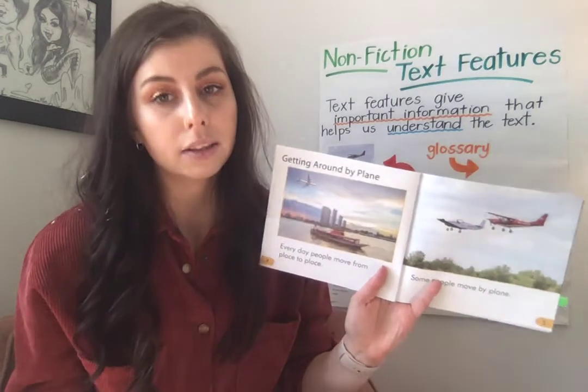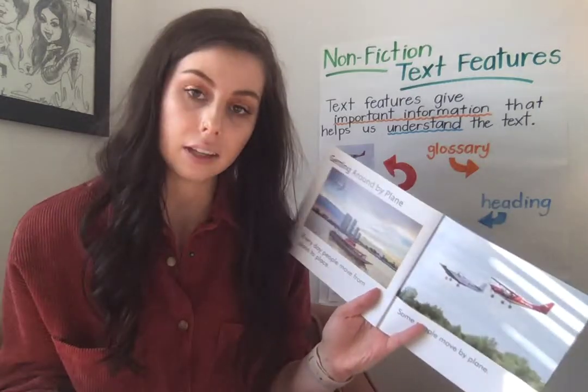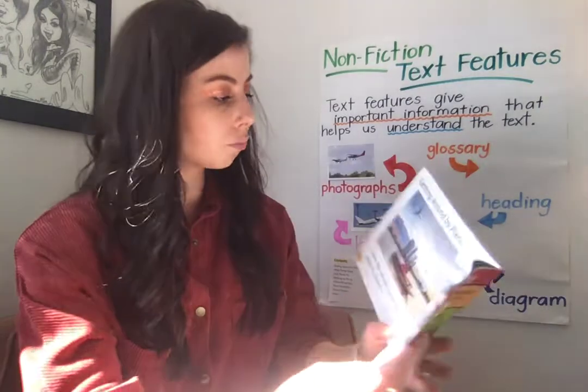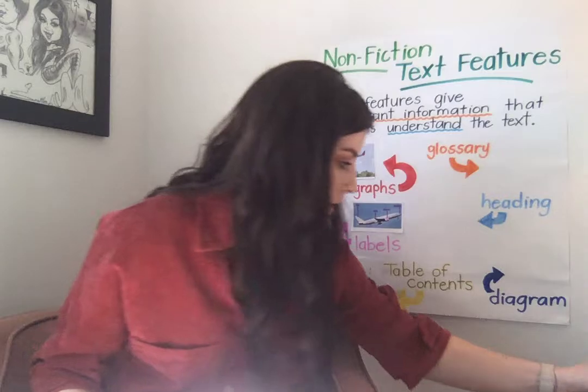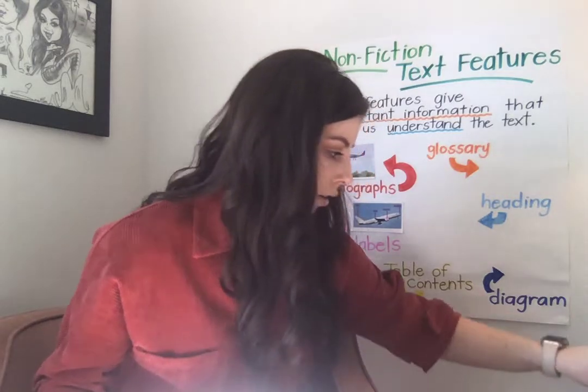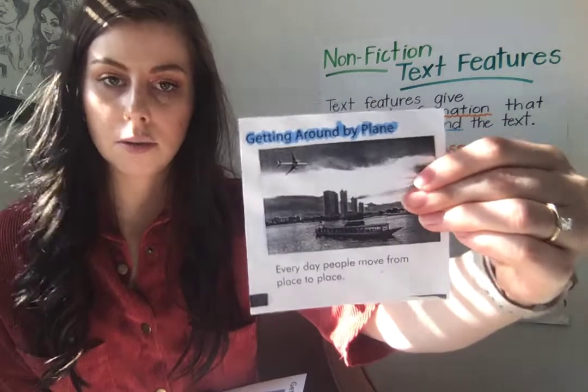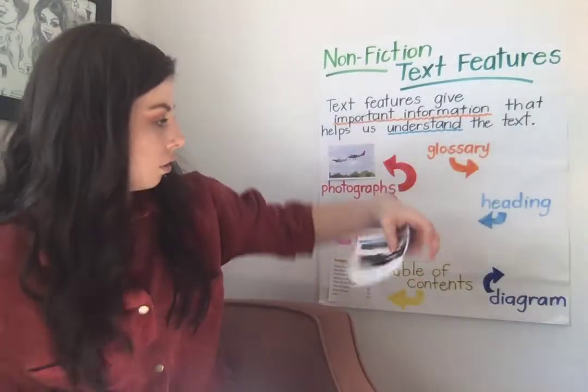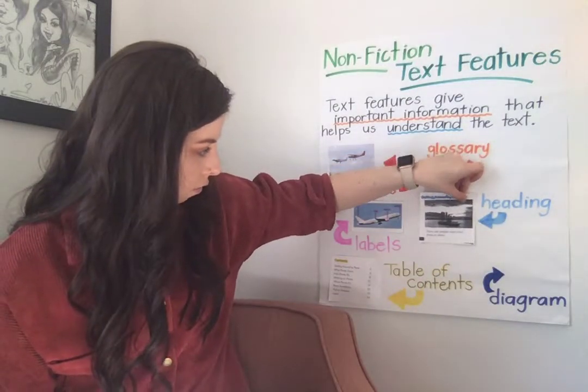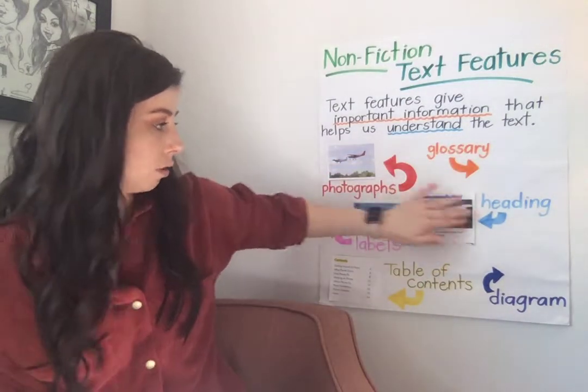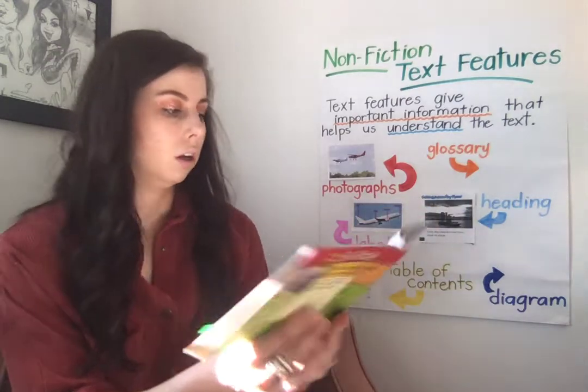You're going to be talking about planes the whole time, but just different things about planes, right? So this is our heading, and it's the same page, Getting Around by Plane. So let's put that right here. And this book has lots of headings.